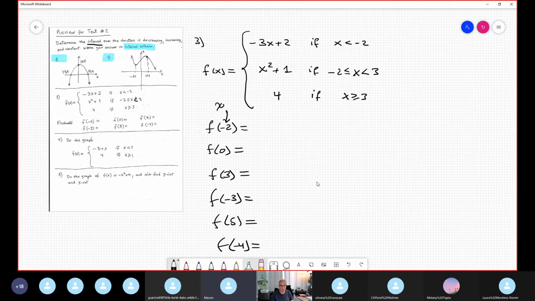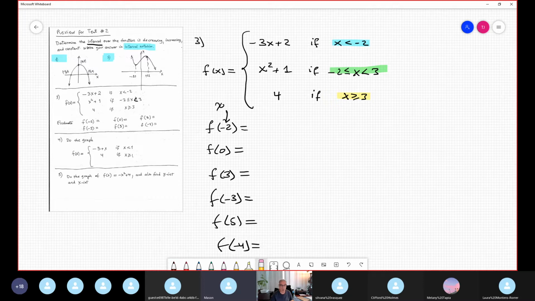So we have, let me put here 3 colors: blue, green, and yellow. And you let me know the interval you believe negative 2 belongs to. In the blue, in the green, or in the yellow?